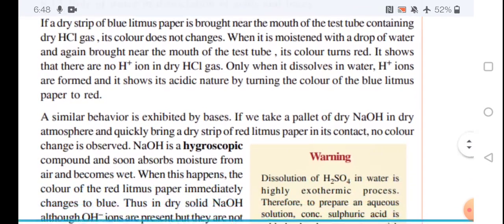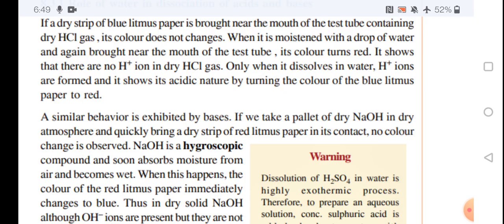In a similar way, if we take NaOH, sodium hydroxide, instead of HCl, when it is dry it does not show any basic property. But NaOH is hygroscopic in nature.